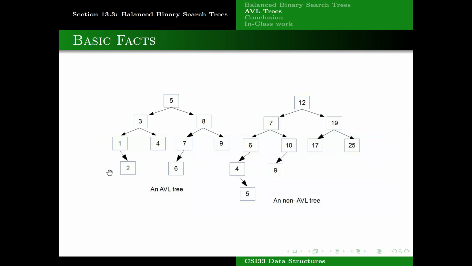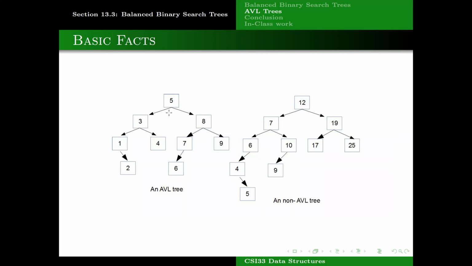So take a look at this example. These are two trees, but one of them is an AVL tree and the other one is non-AVL. So once again, what's an AVL tree? It's a binary search tree that for every node has the following property: the heights or depths of its left and right subtrees differ by at most one. So check out this 5.